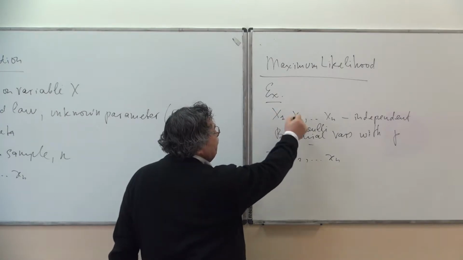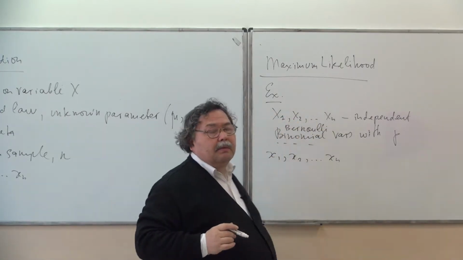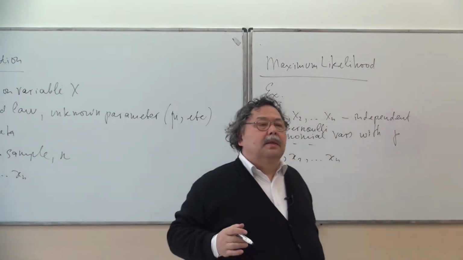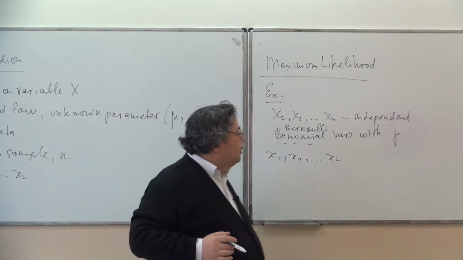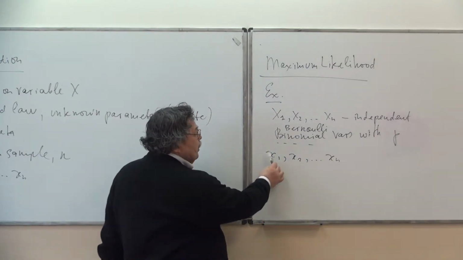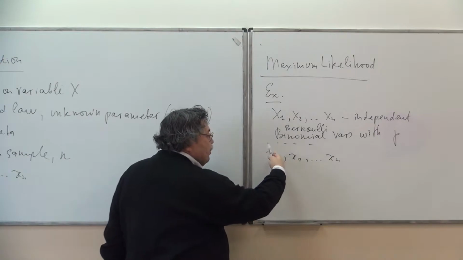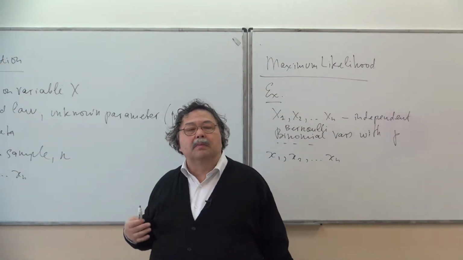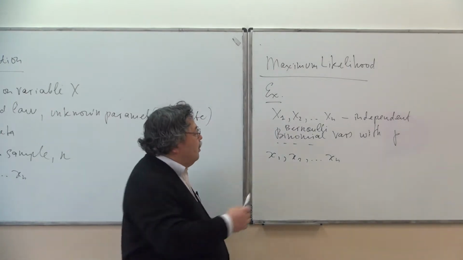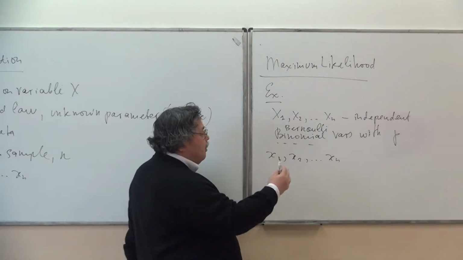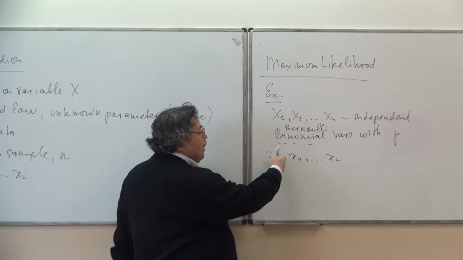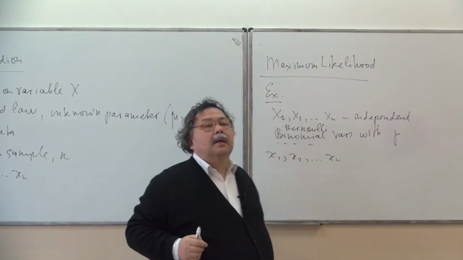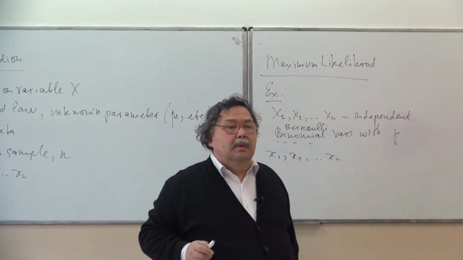Each of these is a Bernoulli variable, and put together they form this binomial distribution. So what does this mean in terms of the observed values? Because each of them is the result of a Bernoulli trial, there are only two possible values here, 0 and 1. So each of these numbers is either 0 or 1. Okay?